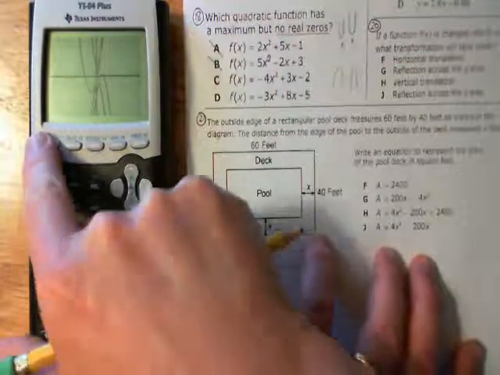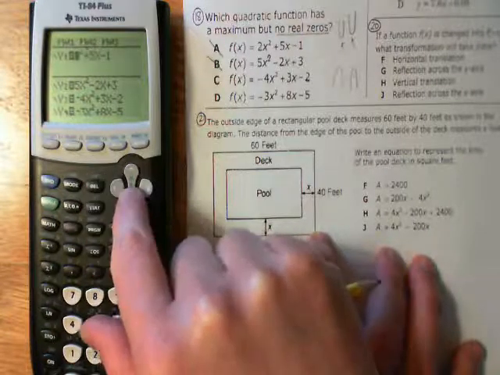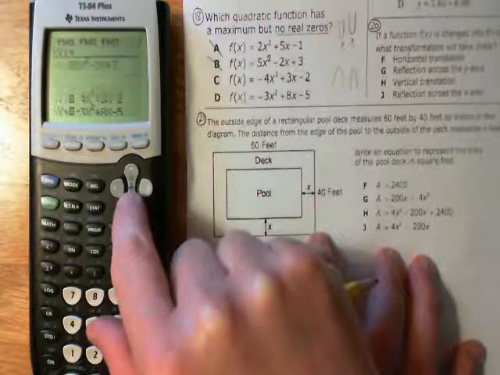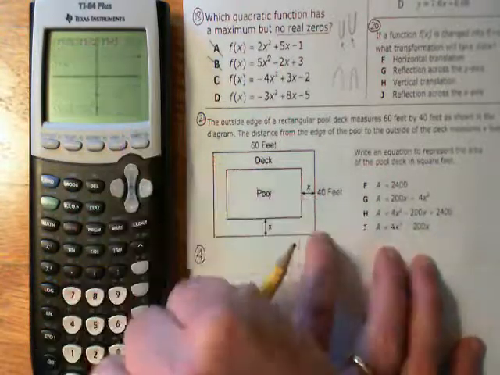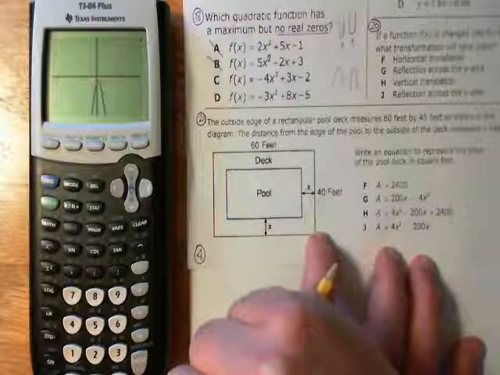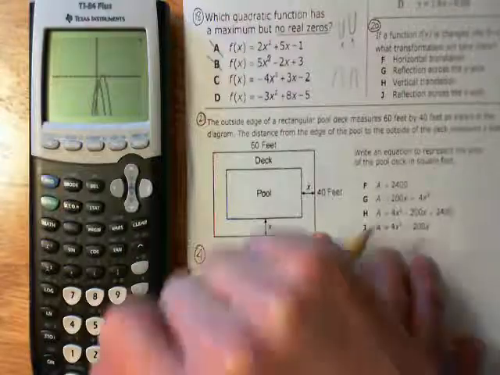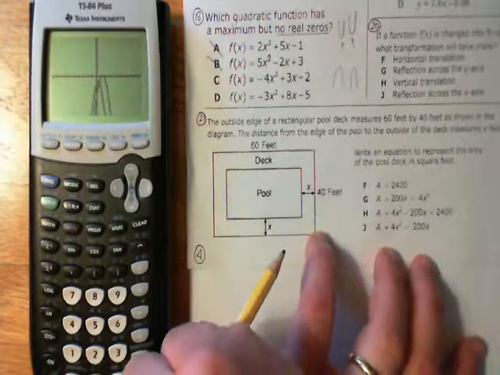So let's go back to our graph here, and let's go ahead and delete the first two because we don't care. So let's press clear and press clear, and let's go back to our graph now, and I'll be able to only see the last two. Okay, and as you can see, the graphs are like that. I'm going to show you a closer picture of the graph.